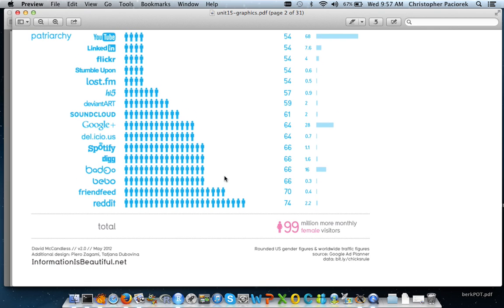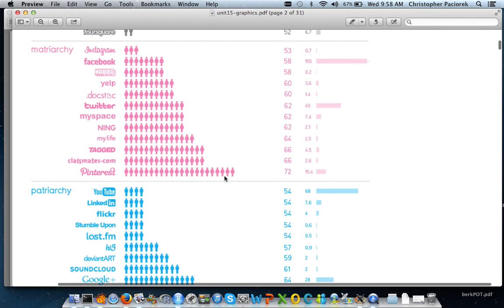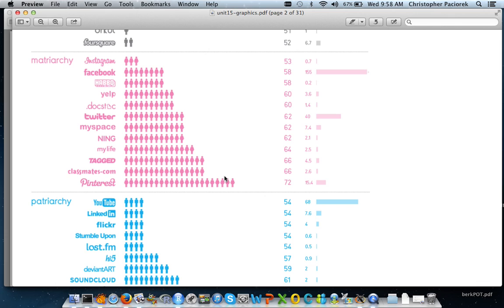Yeah, Dustin? I'm also not really a fan of using the proportions, because if you just look at the two graphs and compare the female versus the men's, it looks like the proportions are about the same. Wait, I didn't quite follow that. For instance, if you zoom out a little bit and see the matriarchy and patriarchy side by side, you couldn't really tell that the matriarchy has all of that more visitors compared to the patriarchy just by those proportions.